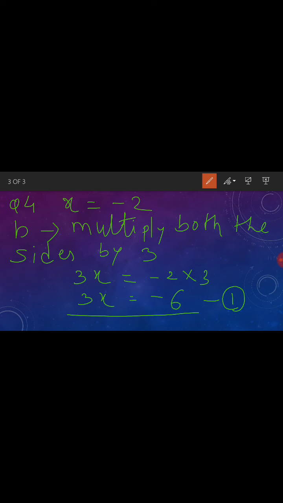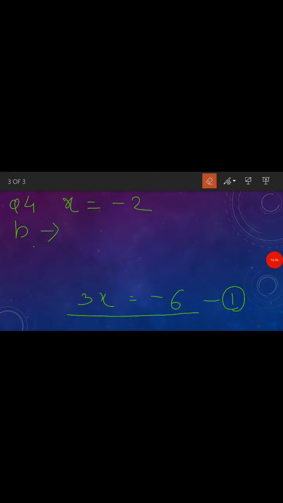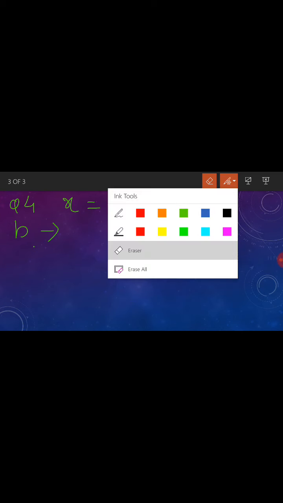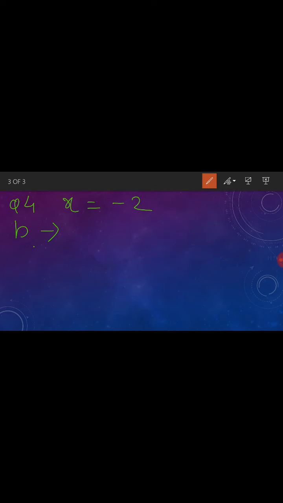Okay. Let's go with the next 2 equations. Right now we have done this, so let me rub this also. So what we got? 3x equals minus 6.